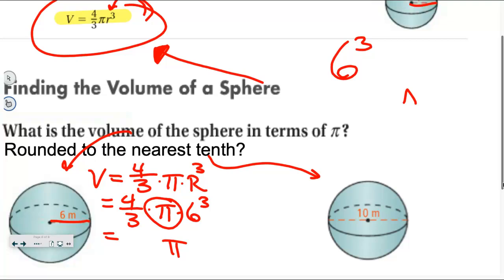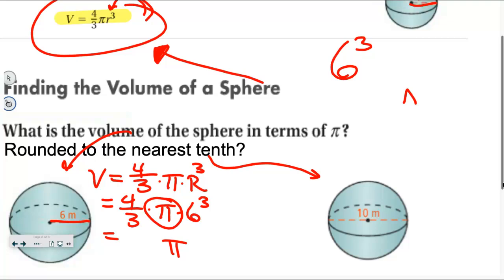I'll give you time to run that through your calculator because I'm not going to do a bunch of them. You guys down here are ahead of me. So whatever calculator you have, figure it out. If you can't, ask me during the homework time, and I'll find those buttons for you. But 4 divided by 3 times 6 cubed.